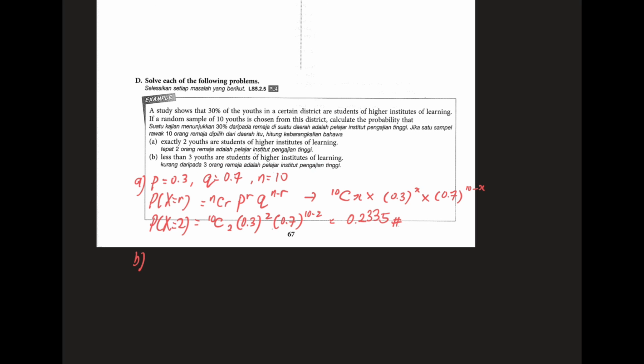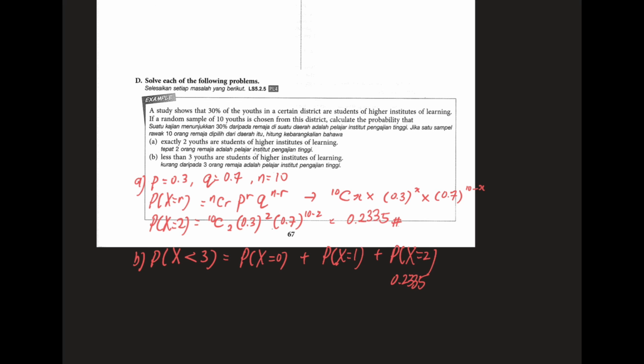Less than 3 youths are students of higher institutes of learning. Less than 3. So we write like this. P(X < 3). Less than 3 means 0, 1, and 2. So we already know the probability of 2, which is 0.2335. So we use the calculator again, no need to key in anymore, the formula is still there.